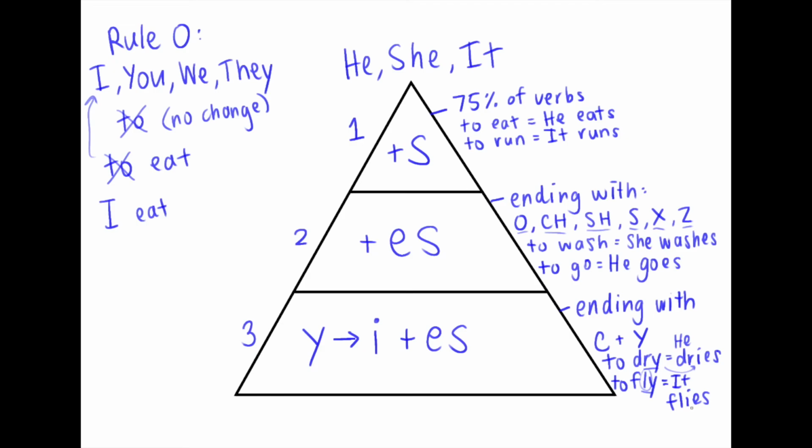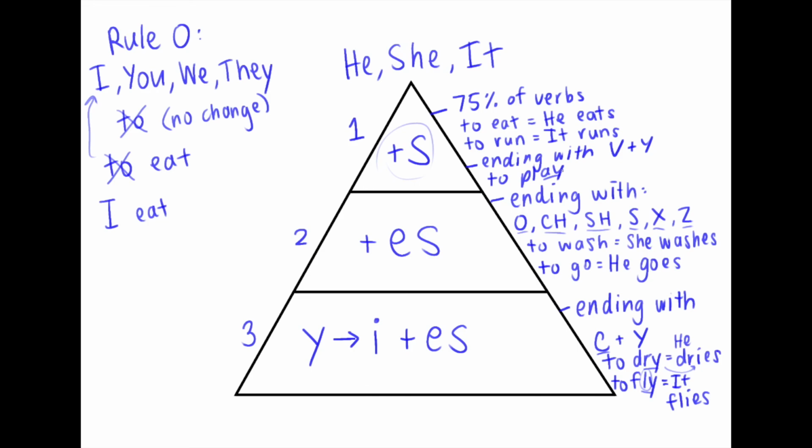Now, you might be asking, what if we have a verb that ends with the letter Y, but instead of a consonant, it's a vowel? In that case, we're going to return back to rule number 1, and all we do is add the letter S. Okay, so ending with a vowel and the letter Y, all we do is add S. So here's an example, the verb to play, right?